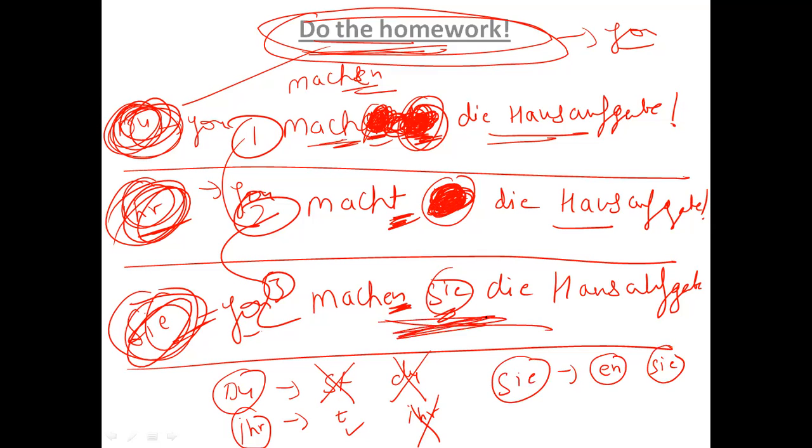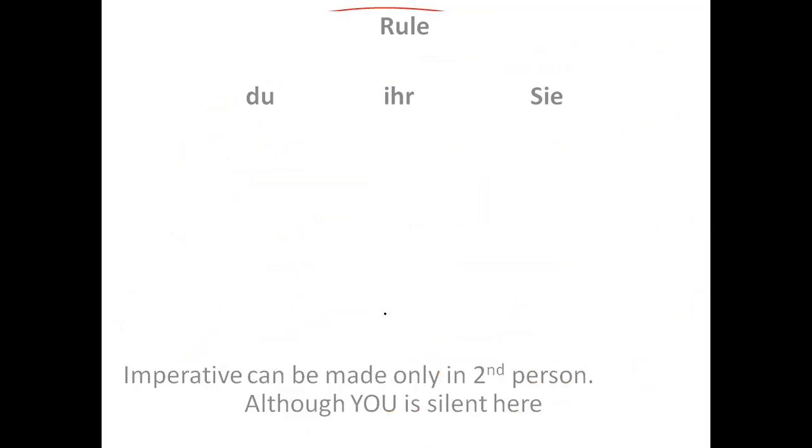I will not delete anything from this sentence. So with du, neither st will come nor du will come. In ihr only the ending will come and ihr will not come, and in Sie both will come, right? Let's discuss thoroughly, with more examples. Like the rule for du, what was the rule?